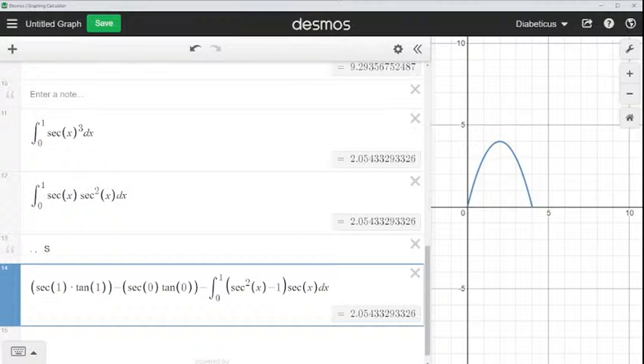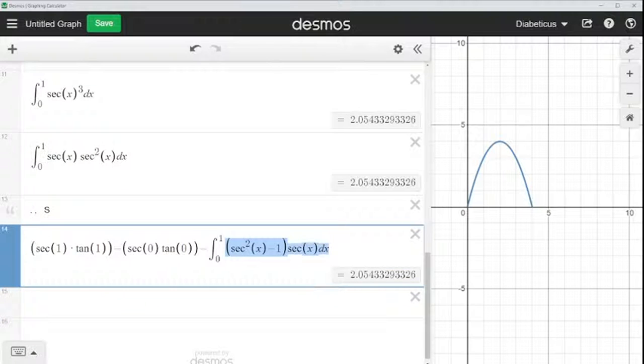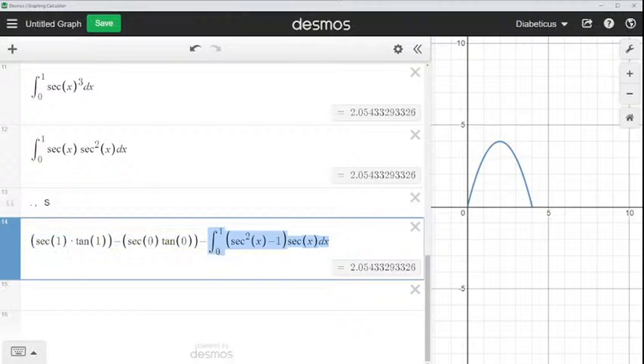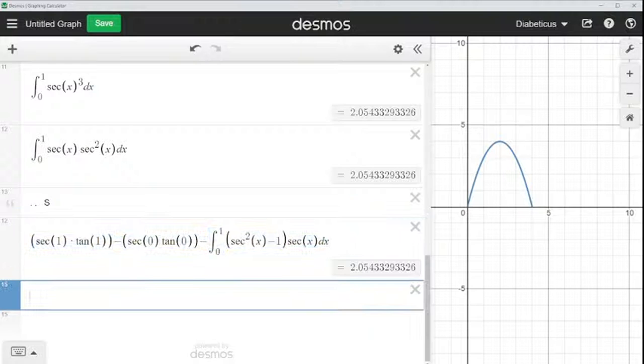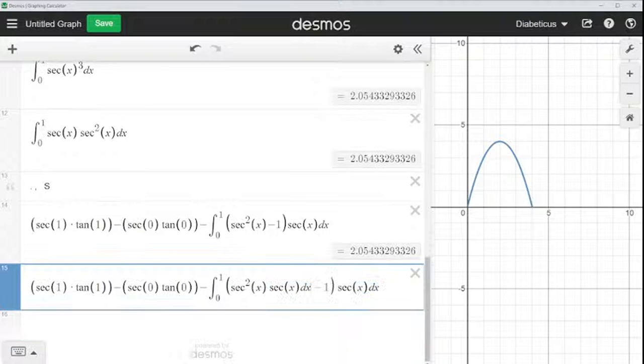Here we go. Identity time. Yeah, tangent squared is equal to this guy times this. Alright. Let's see. Well, what I can do is, come on, distribute.